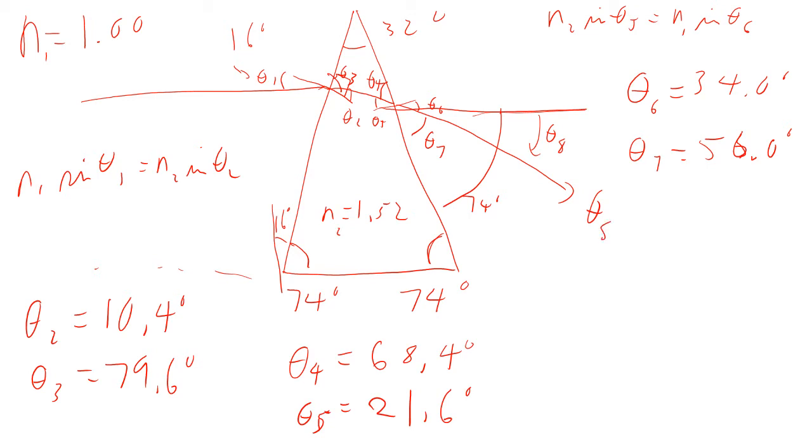So theta 8 is going to be equal to 74 minus 56 degrees. So that's going to be 18 degrees. So we have an 18-degree angle right there. Okay, now that's the example here for this prism.